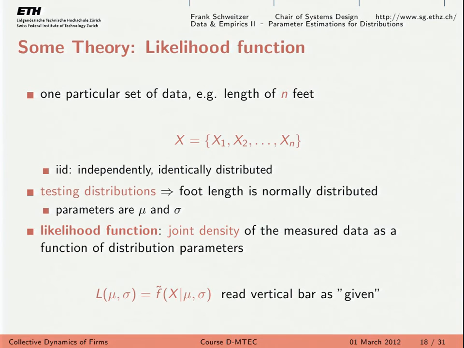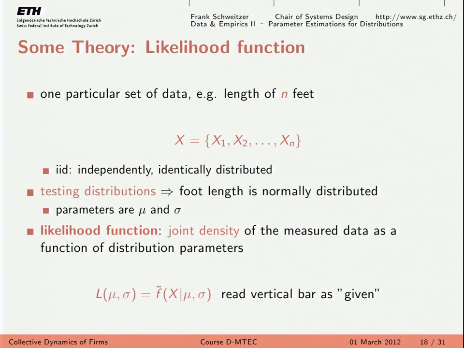Okay. We define a likelihood function. This is this capital L that depends on the two variables, mu and sigma, and is formally given as the joint density of the measured data and a distribution with these two parameters.